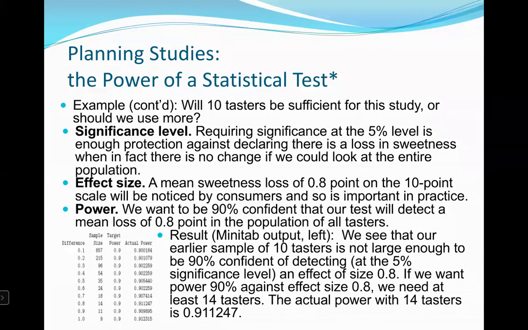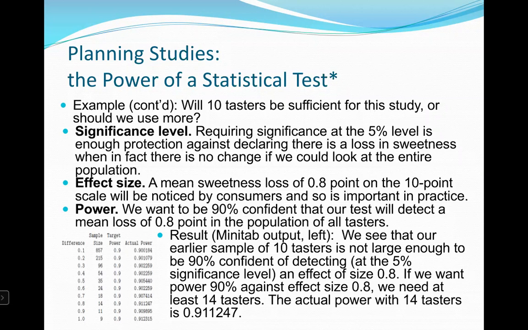So if you look at the little chart to the side, we have difference in tenths listed in a column. We have sample sizes listed in a column. We have the target power, which is 90%, 0.9, and then the actual power.